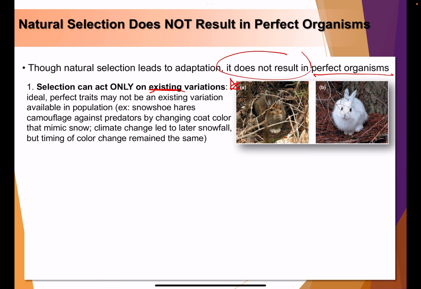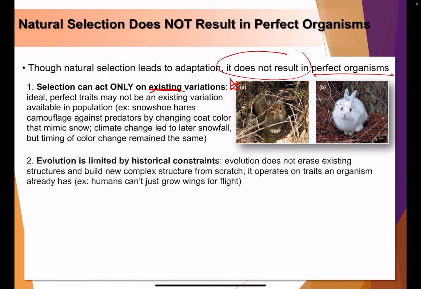But in this case, they were impacted because their coat color change is not temperature dependent. It's time dependent. That's why they are no longer camouflaged after climate change, and they appear white when everything is still not covered by snow yet, which actually makes them more obvious to predators.